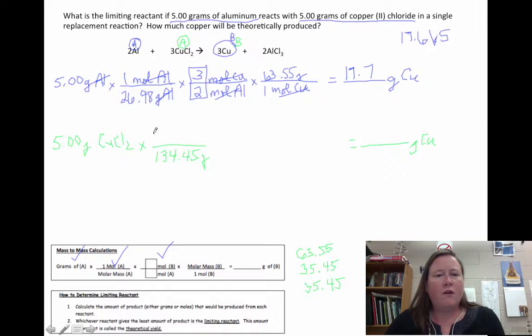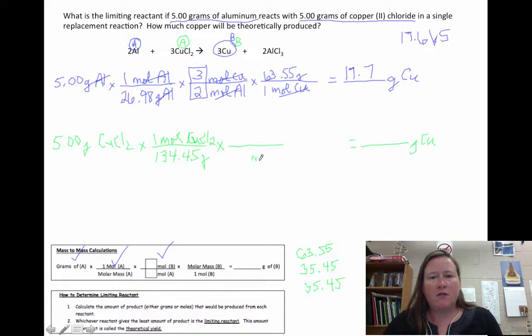And 1 mole of copper chloride is 134.45 grams. Okay, next is my mole-to-mole ratio.